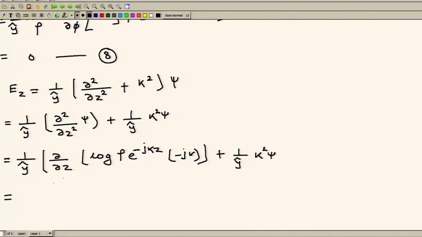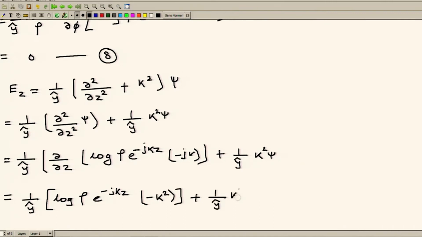Now, again differentiating with respect to z, we will have 1 upon y cap, log of rho e to the power minus j k z, again minus j k. So, minus j k multiplied by minus j k, we will get minus of k square plus 1 upon y cap k square psi.